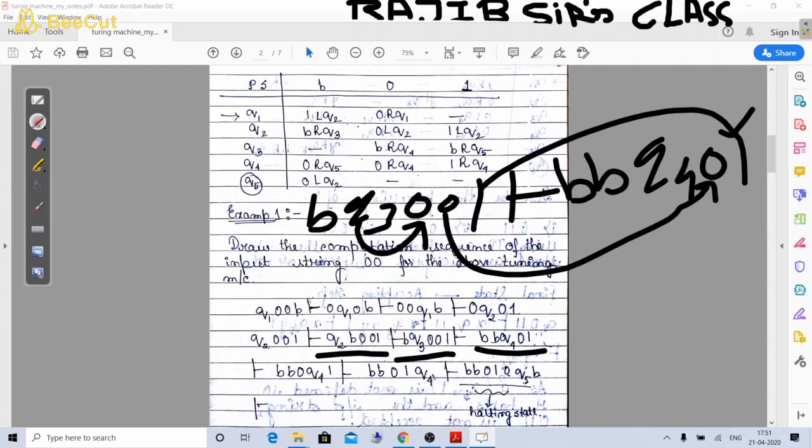By this way, subsequently we are approaching the end, and you can see that if we are able to reach q5 at the end, and everything is processed on the left side of q5, that means we have reached the final state and no input remains.